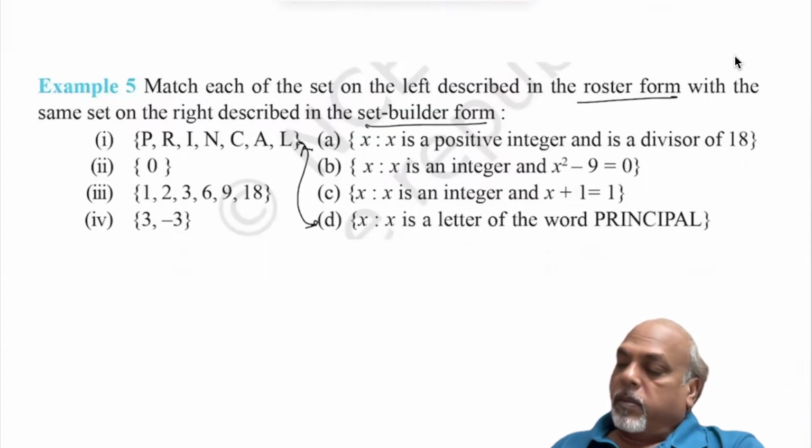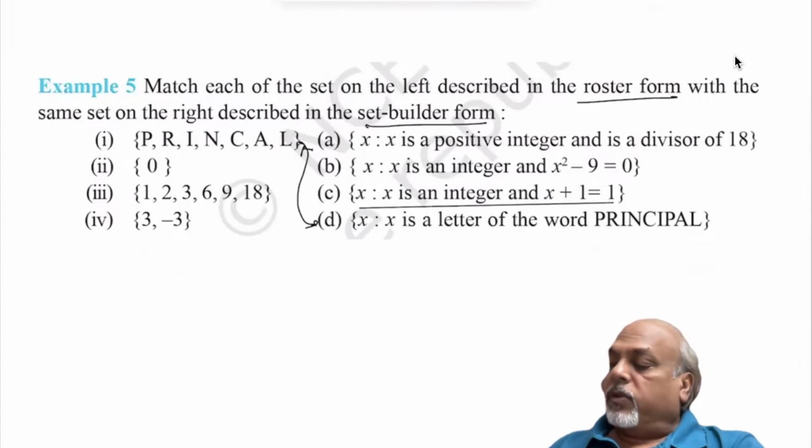Correct? Now, just see this set builder form: x is an integer and x plus 1 is equal to 1.